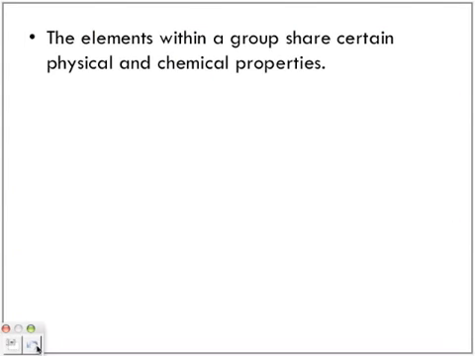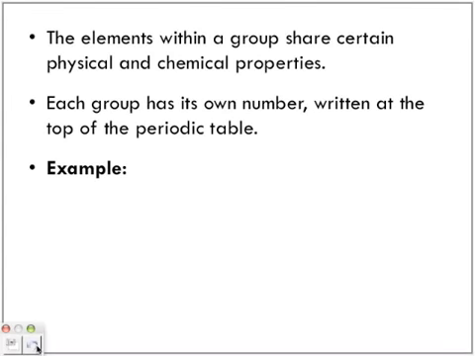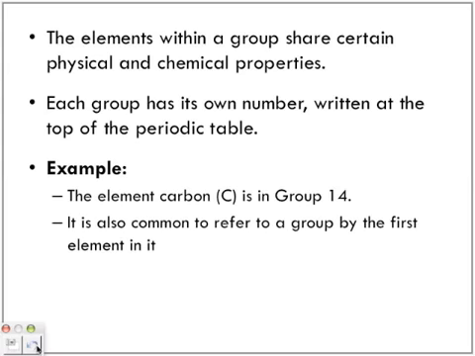The elements within a group share certain physical and chemical properties. Each group has its own number written at the top of the periodic table. That's the group number. For example, the element carbon is in group 14. It doesn't have an exact name, but carbon is the first atom in that group, so we call it the carbon group.